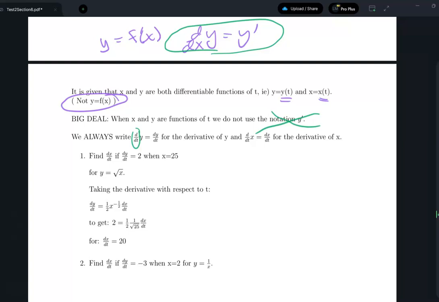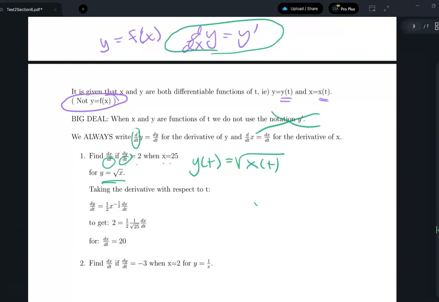So let's look at what we've got here. Find dx over dt if dy over dt is 2 when x is 25 for this function. So because there's dt's here, I know, I'm just going to write it out, that y is a function of t and x is a function of t.